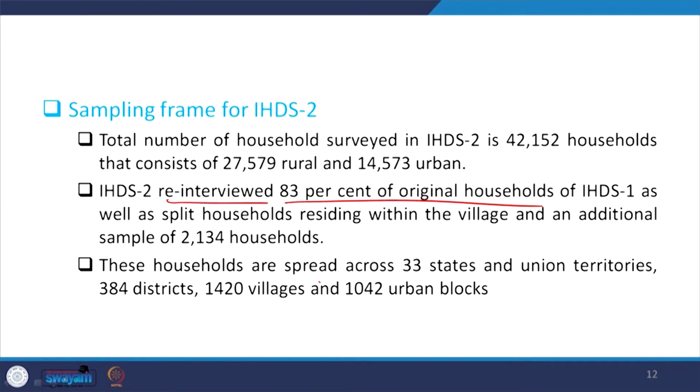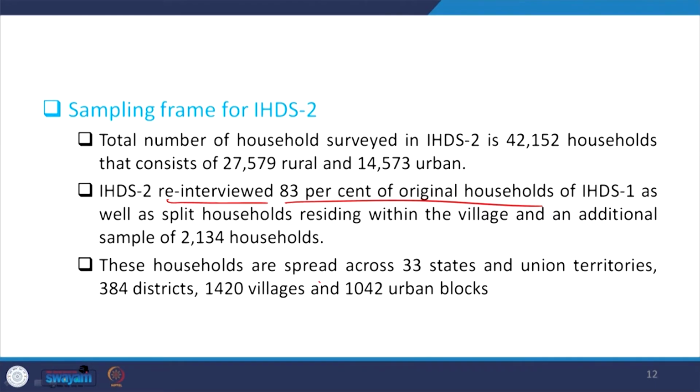In addition to that, there are also split households residing within the village, as well as an additional sample of 2,134 households. These households are spread across 33 states and union territories, and 384 districts were covered, as I just said.